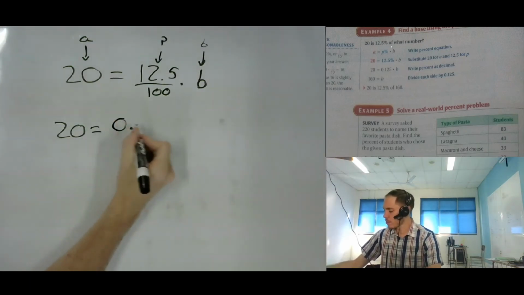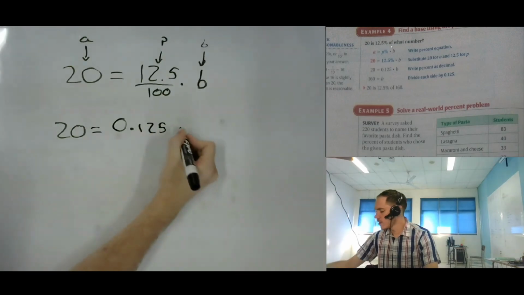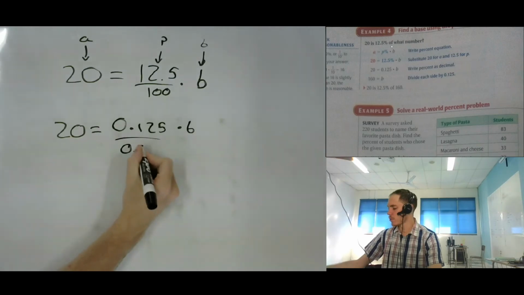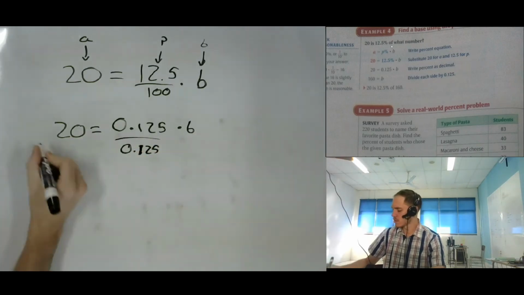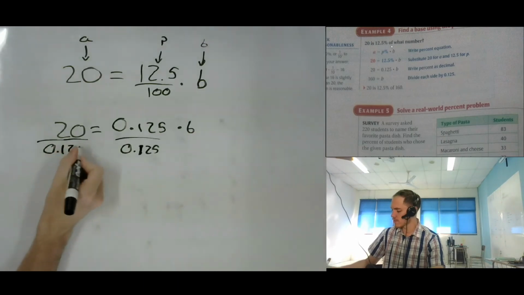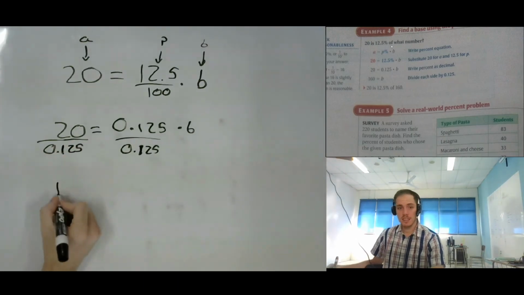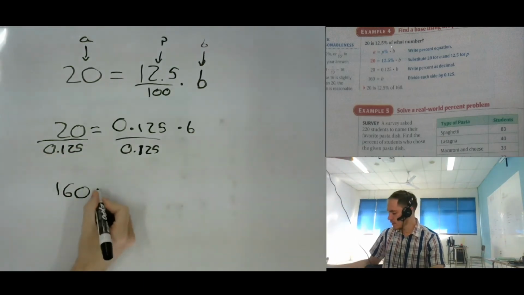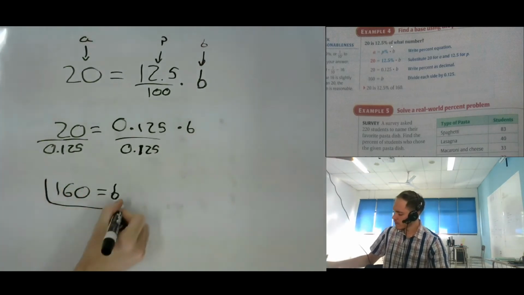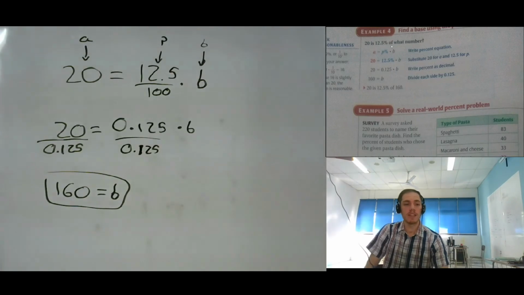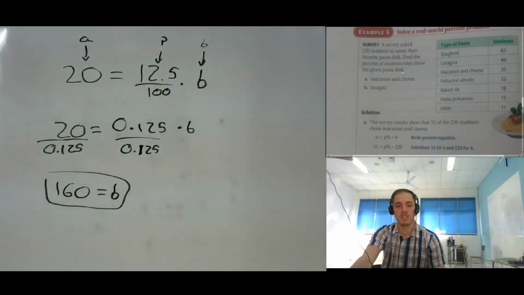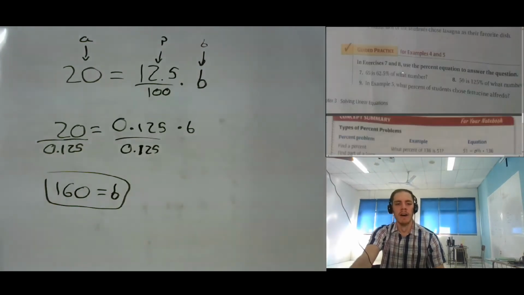So 20 equals 0.125 times B. Divide both sides by 0.125. And you're going to get your answer, which in this case is 160 equals B. Okay? And do you need to worry about that? Nope. That's pretty much the straightforward answer.